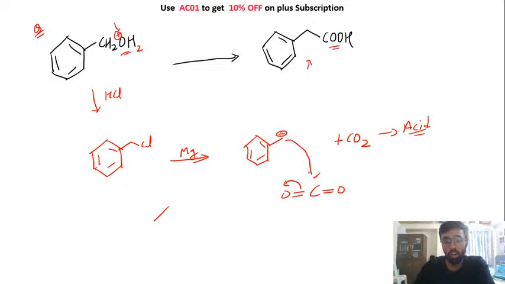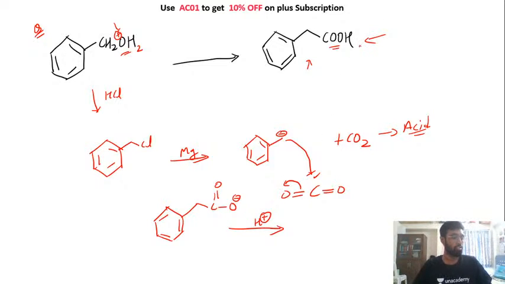This will attack on this carbon, to form this. Okay, once you have reached here, now normally you just need to add an H plus to get this final acid. Okay, so I hope this process is clear to you.